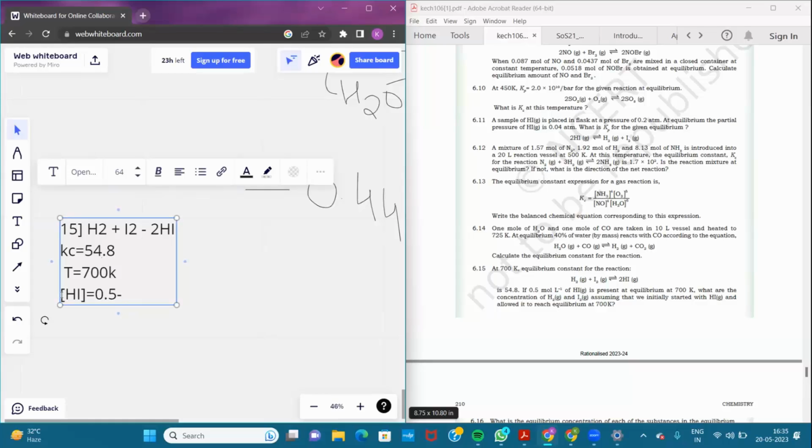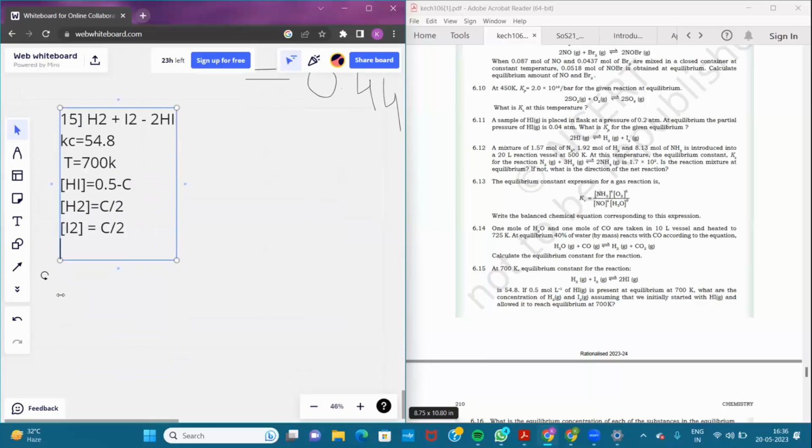Let us consider some concentration C is getting reacted. So the concentration of H2 formed will be C by 2 and the concentration of I2 formed will be C by 2.